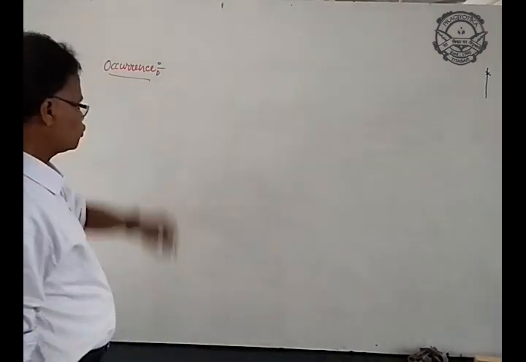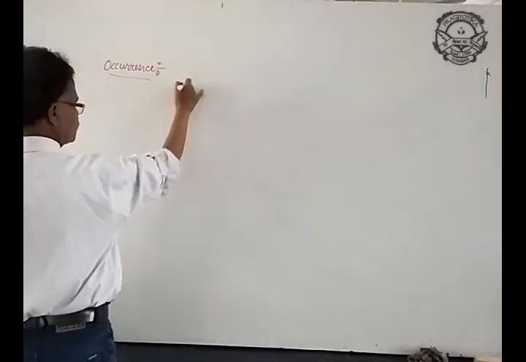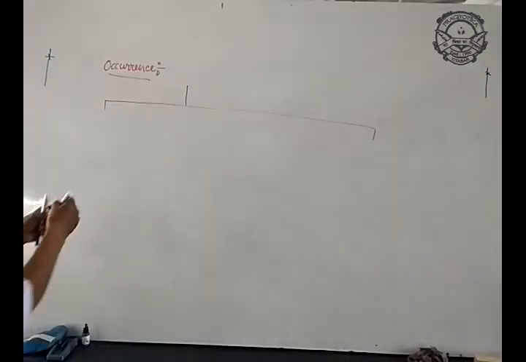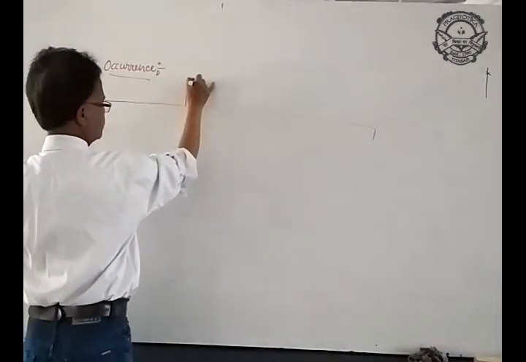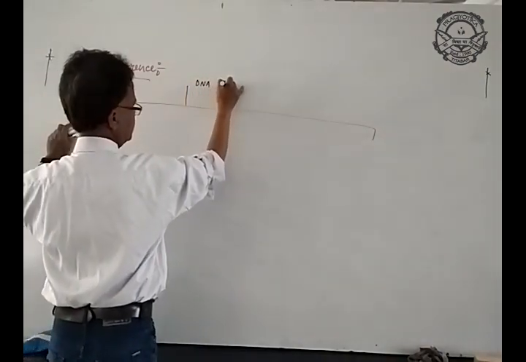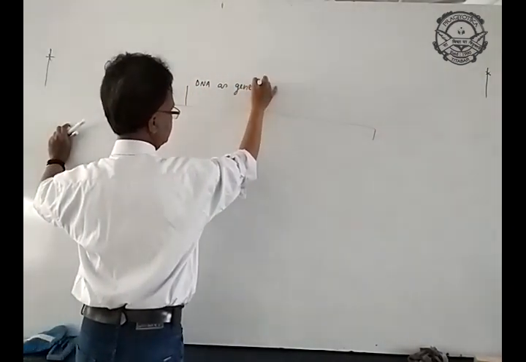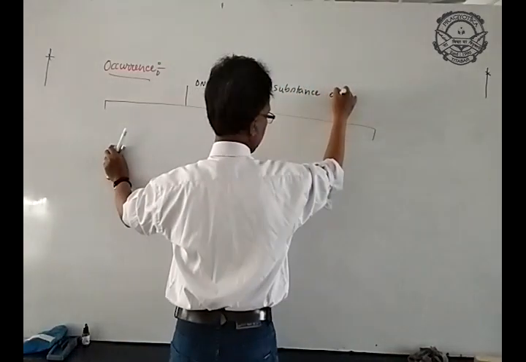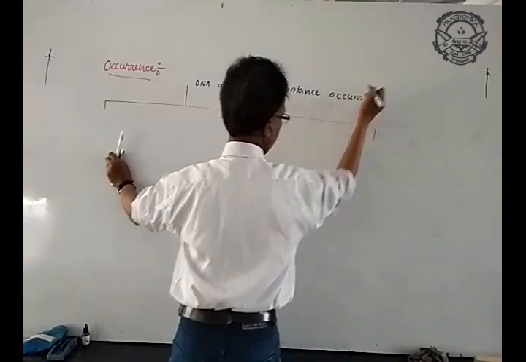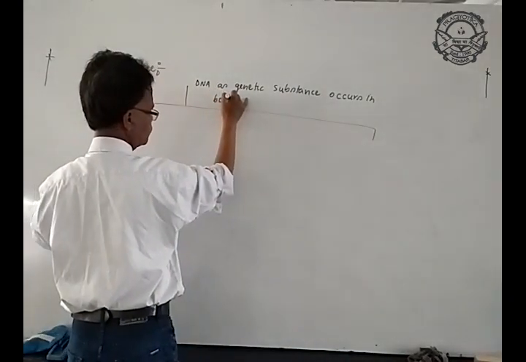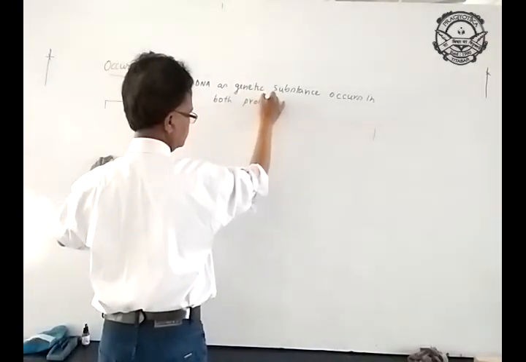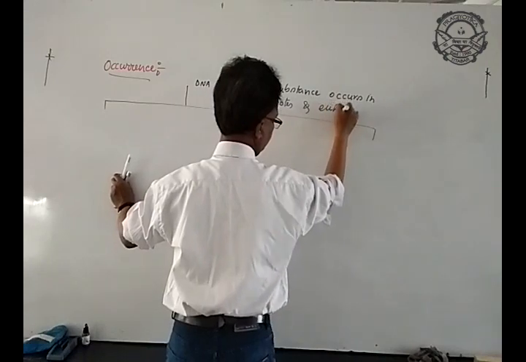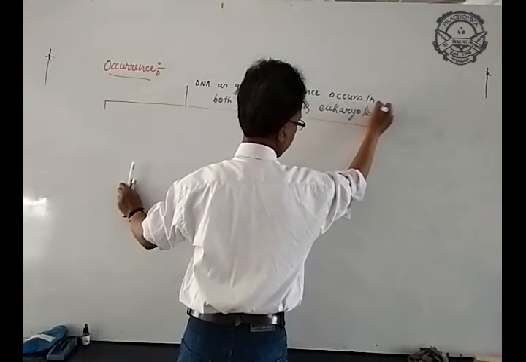As for occurrence, DNA occurs as a genetic substance. It occurs in both prokaryotes and eukaryotes. DNA as a genetic substance occurs in both prokaryotes and eukaryotes.